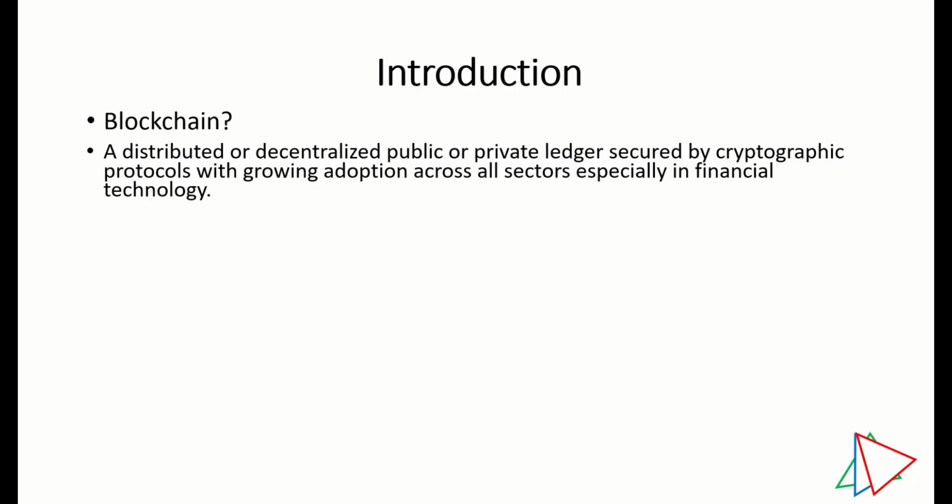So, a quick introduction to what blockchains are. To give a simple definition, a blockchain is a distributed or decentralized public or private ledger secured by cryptographic protocols with growing adoption across all sectors, especially in financial technology. In a very short while, we will be exploring what the differences are between a private blockchain and a public blockchain.